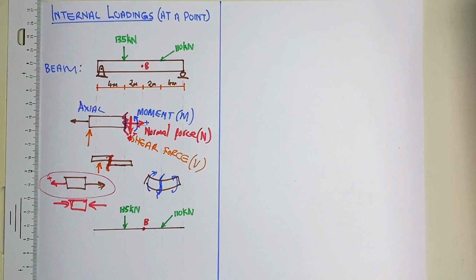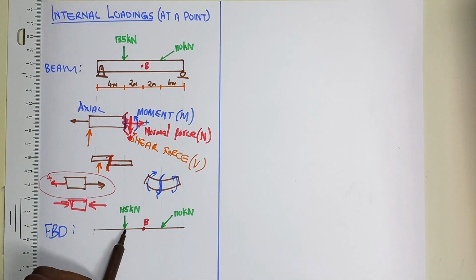Now, let's start talking about the analysis procedure, how we're going to actually analyze this beam to find our internal loadings. The first thing that we're going to do, as you can see here, I've magically put a free body diagram of our beam. I want to visualize my beam because firstly, I have to compute the external support reactions.